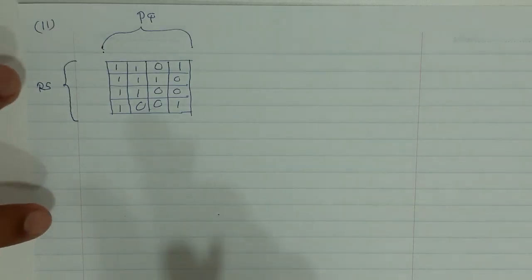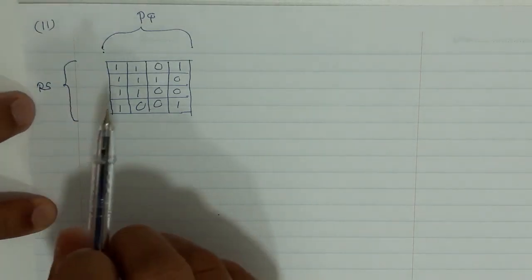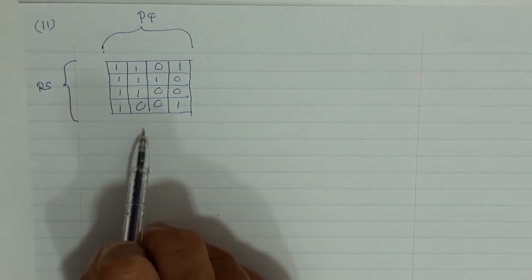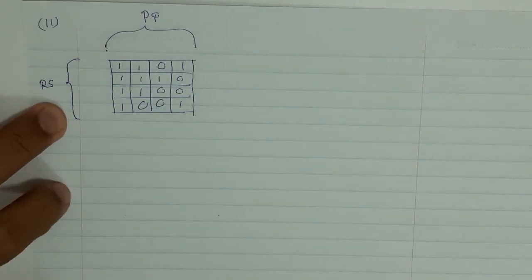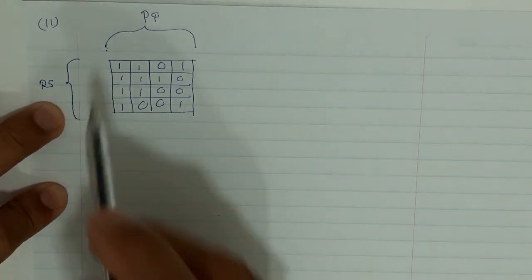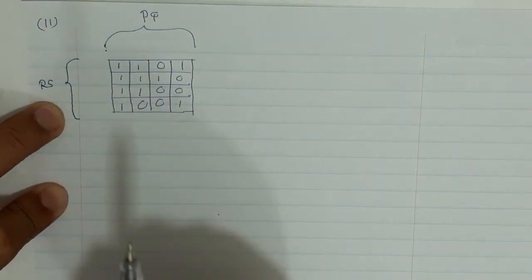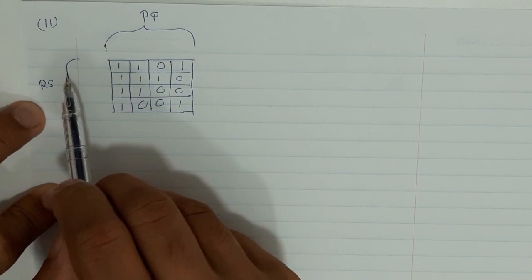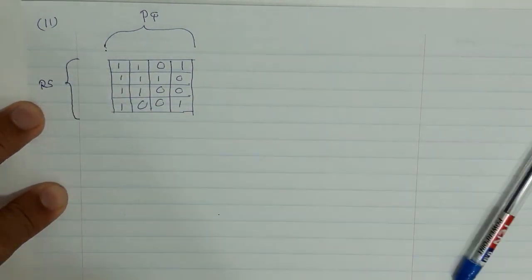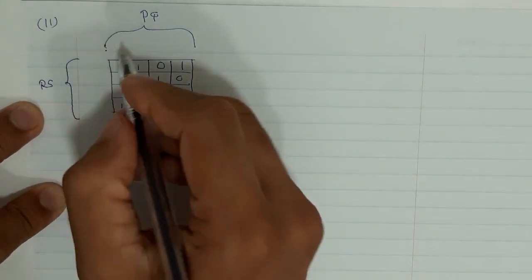Question number 11. Now, this is a usual traditional K-map question where we need to extract the equation corresponding to this K-map. But the labeling given is a little bit unusual for us. They say that PQ for this side, RS for this side. Then what you have to do is go to the traditional labeling that we are all familiar with.